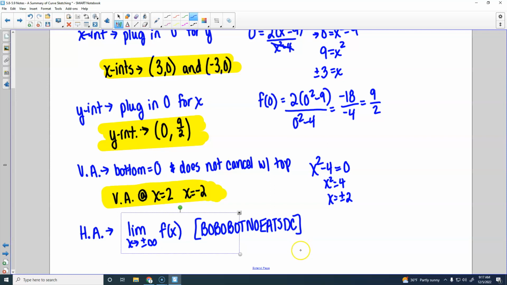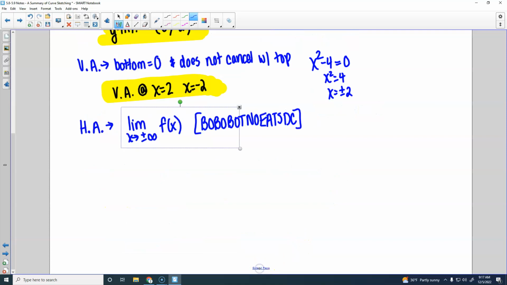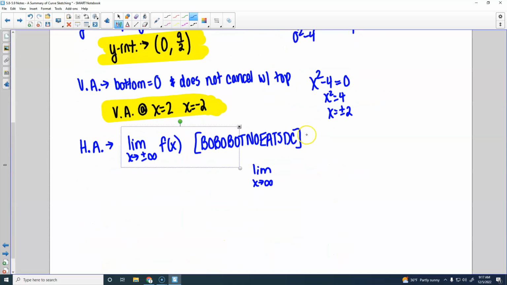So in this case, we would be looking at the limit as x approaches infinity of, what was our function? 2x squared minus 9 over x squared minus 4. And what do we have here?